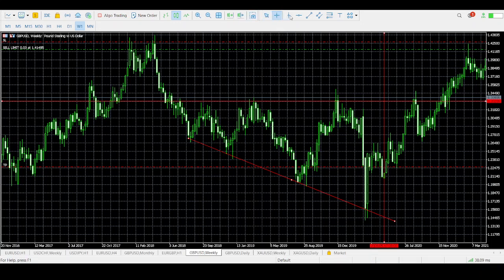So if you take another resistance here, so here we draw another resistance line which acts as a support line. So it's a support resistance. It's a mini support resistance that was plotted just moments ago, actually, but it works well for our analysis.